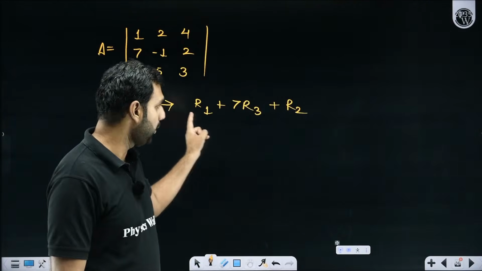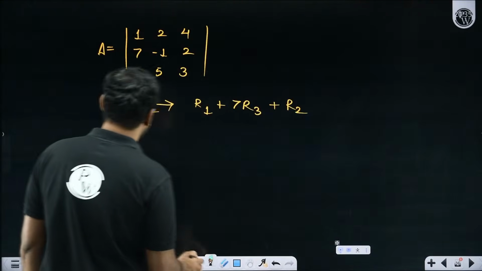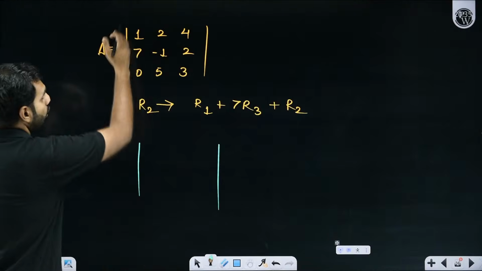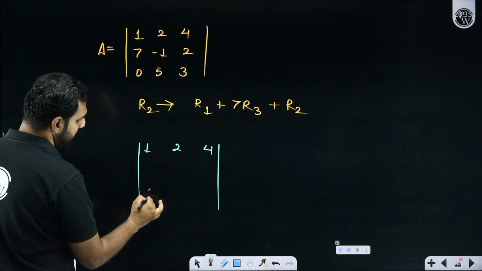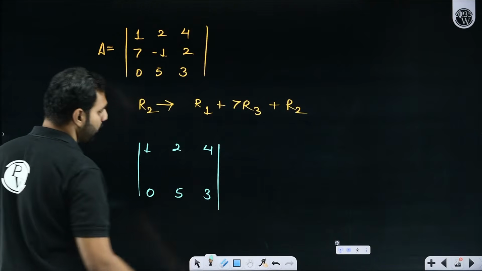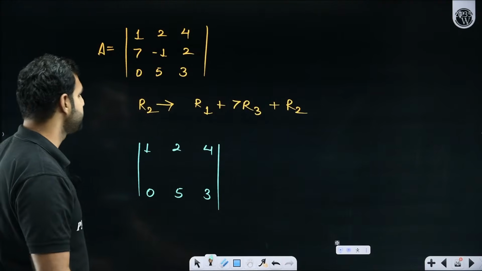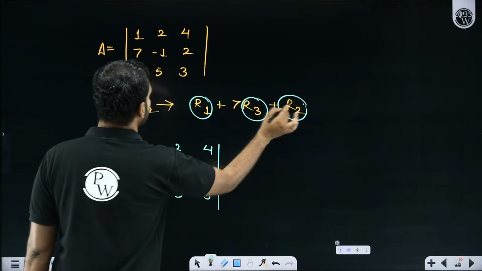Everybody understood this operation first of all? Now, how do we apply this operation? You are performing an operation on row 2, which means clearly row 1 and row 3 will remain intact: 1, 2, 4 and 0, 5, 3. Yes or no? But what is going to happen to row 2? Pay attention to this part. It will be row 1 plus 7 times row 3 plus R2.